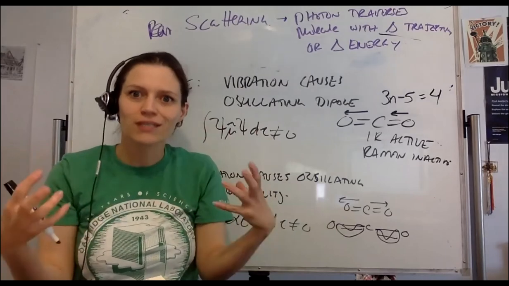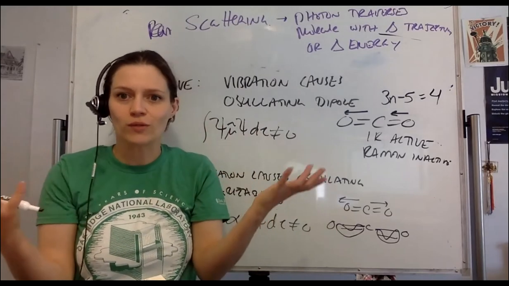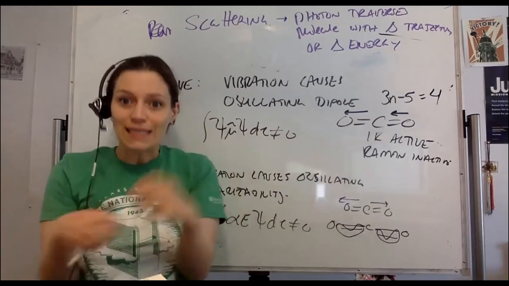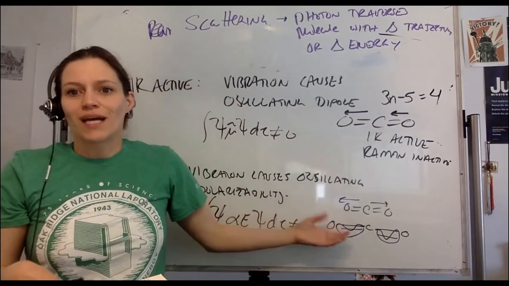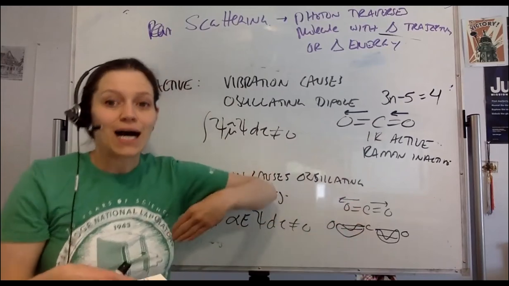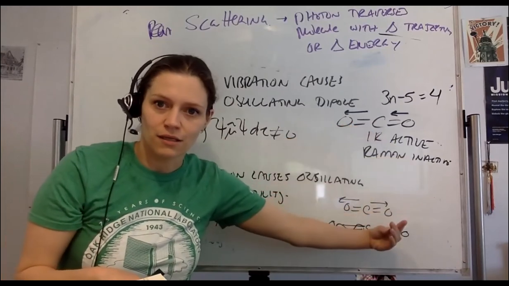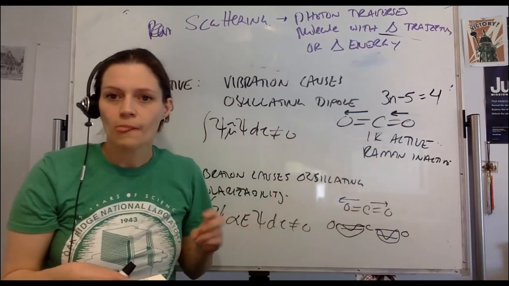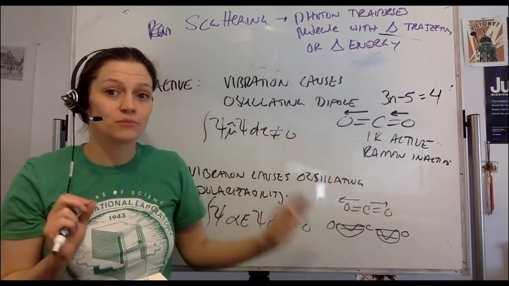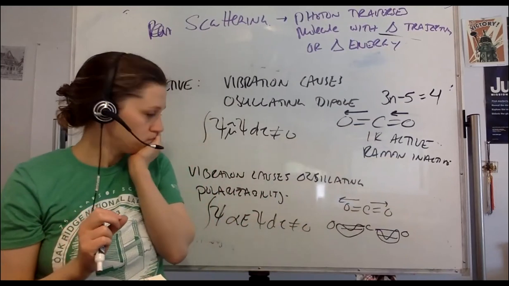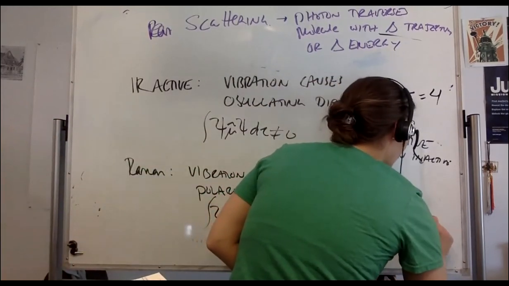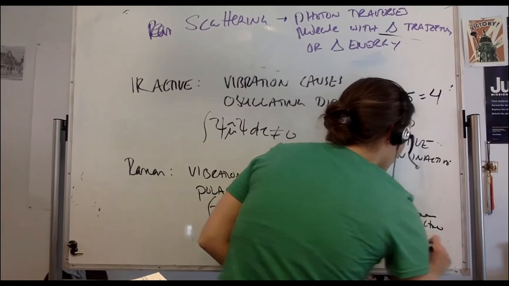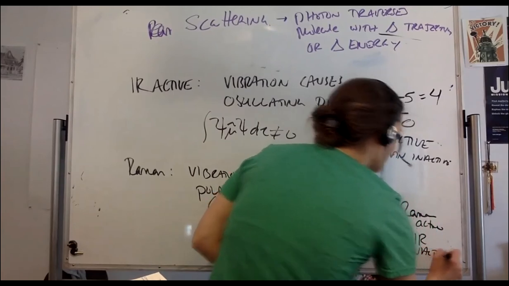Depending on the strength of that E field or B field, i.e. the frequency of it, big E field, little E field, big B field, little B field. That's the induced electric field that's causing the oscillation, okay? Which is why it's different than an absorption. Oh, sorry. So this one is Raman active, and this is IR inactive.